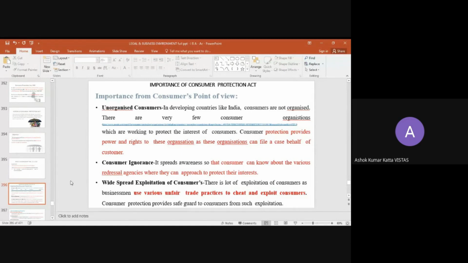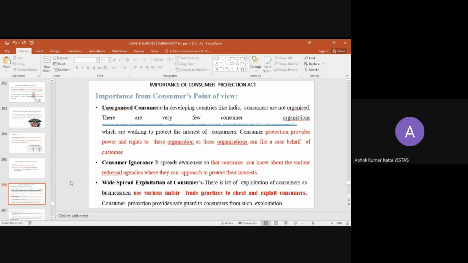Now, why is it so important for us to give protection to the consumer? Before buying the product, you know very well what product you are going to buy and what size. Then why again do we need to give them security? Because there are many technical terms which the consumer does not know at all.